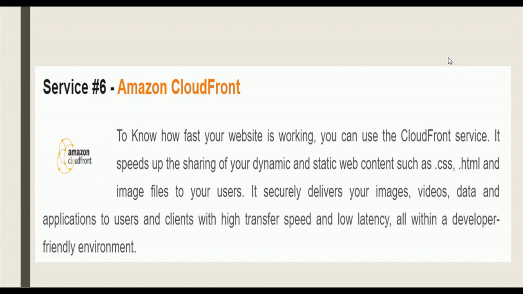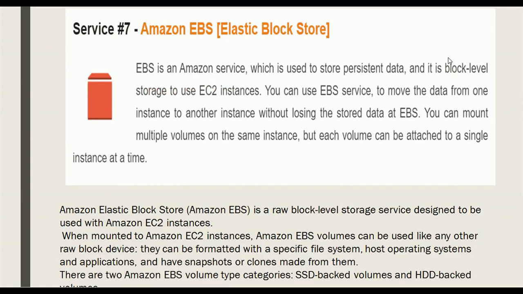Amazon EBS, Elastic Block Storage, is just like an external hard disk. If you want to add some hard disk to your existing instance, you can use EBS. There are two types of EBS available, like SSD and HDD.